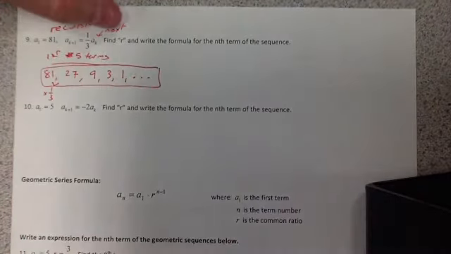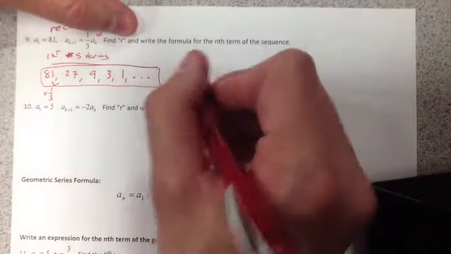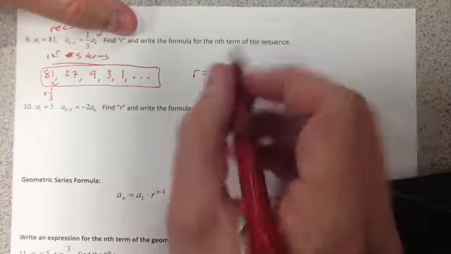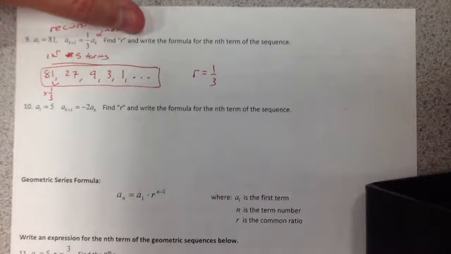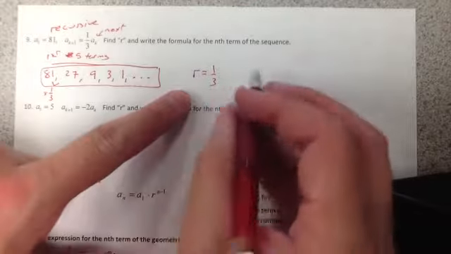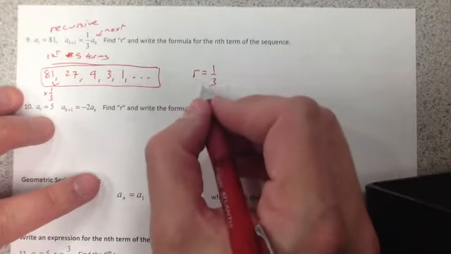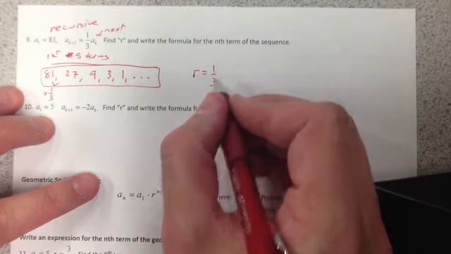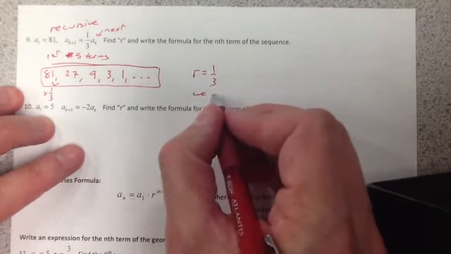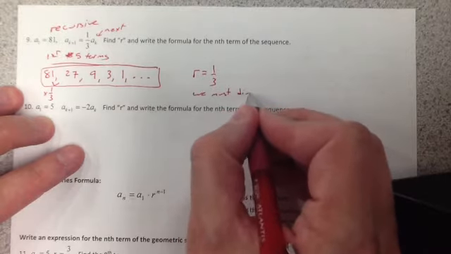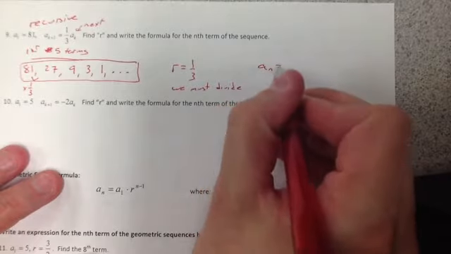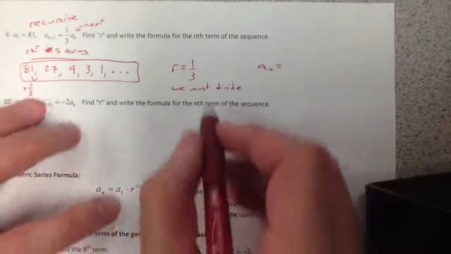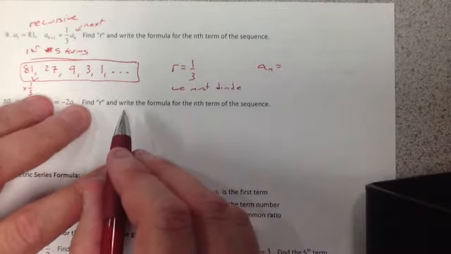And next, what they want us to do is find r. Well, what is r equal to? 1/3. And then it asks us to write the formula. So let's take a minute and write the formula for this one. One quick thing for you: if your common ratio is 1/3, this means we must divide. So when I write my general term for this one, we're going to get a sub n equals... and we're going to talk about a shortcut for how to do this later on.